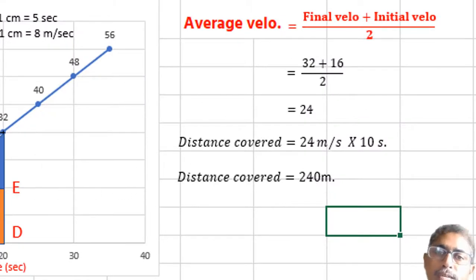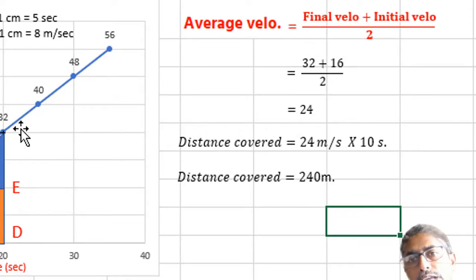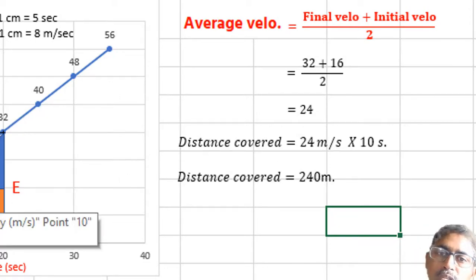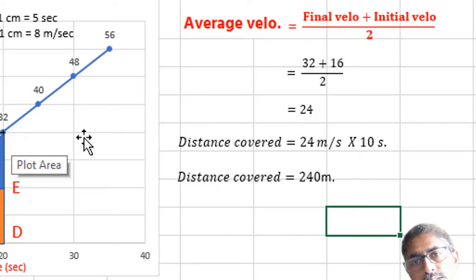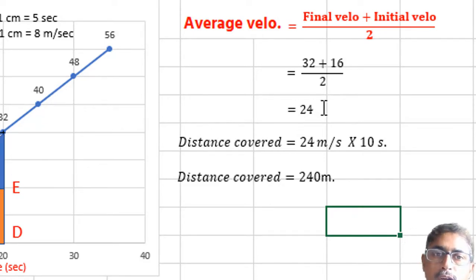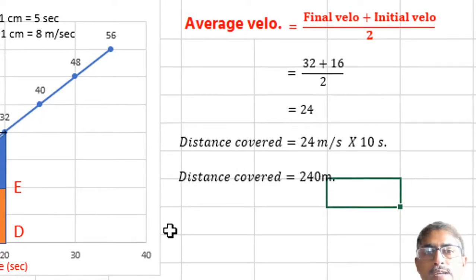That is 32 plus 16 divided by 2, that is 24 meter per second. The distance covered by that train from A to B is this average velocity multiplied by 10 seconds. That means 24 meter per second into 10 second, which is equal to 240 meter.